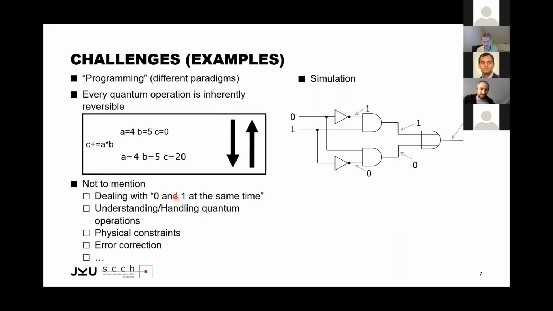Instead, you have to deal with these superpositions, and this is basically conducted by having exponentially large representations for single quantum states. Just by this, you can already see a simulation, a linear problem in the conventional realm, suddenly becomes an exponential problem in quantum computing. And those are just some examples of the challenges we need to face here.